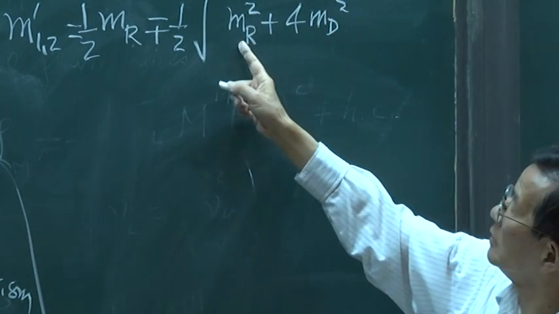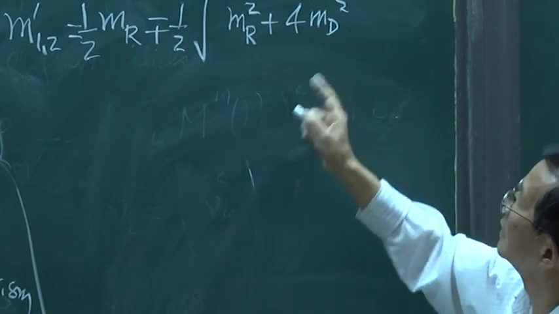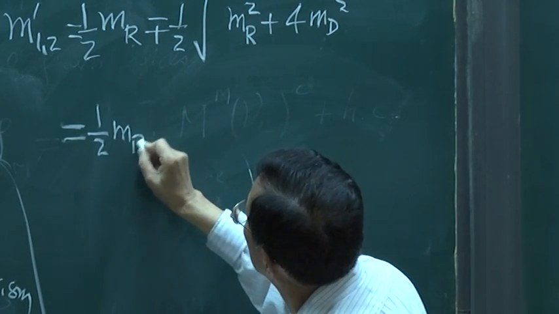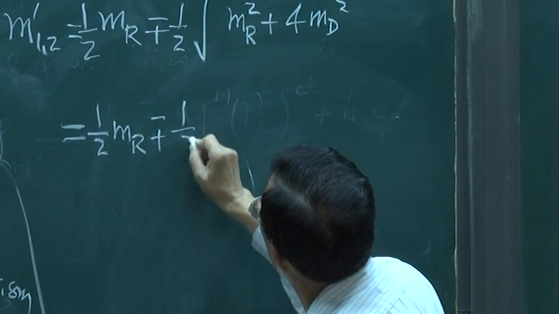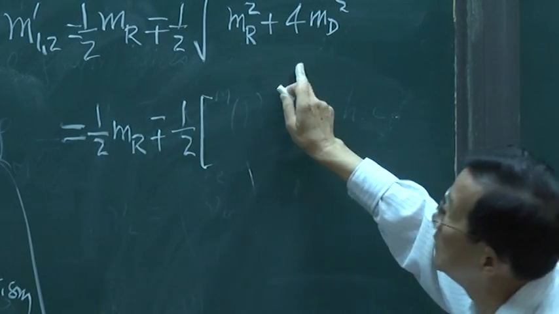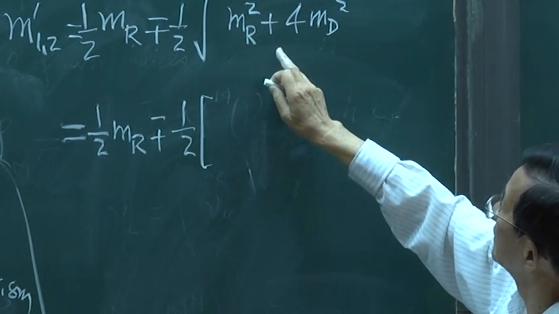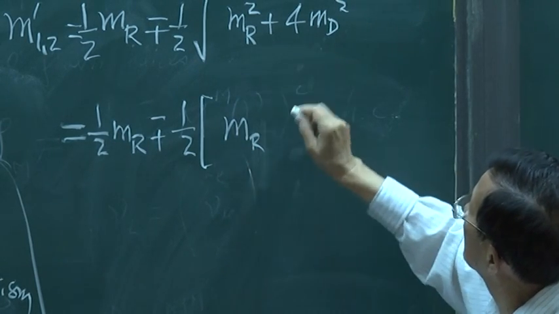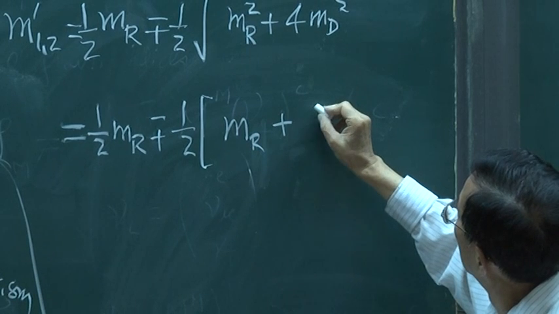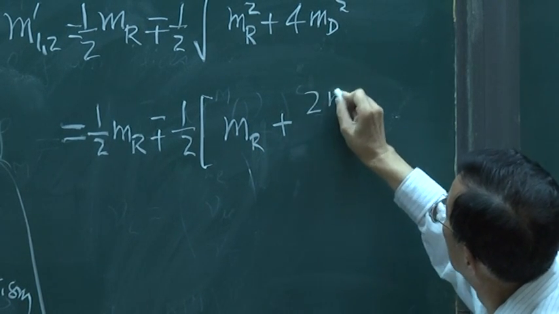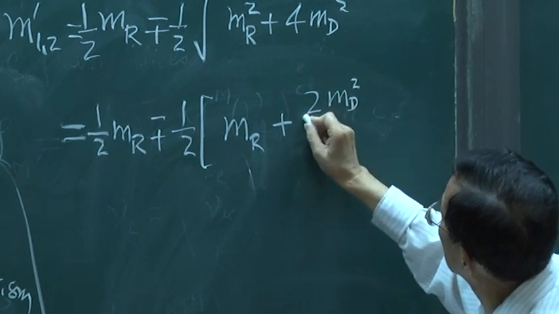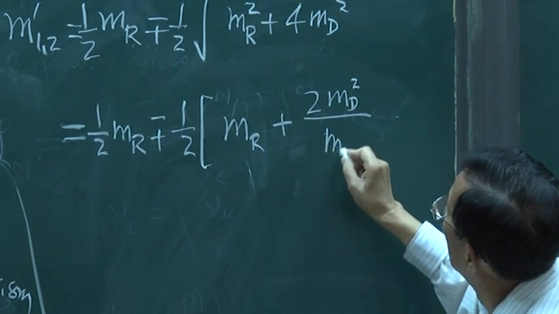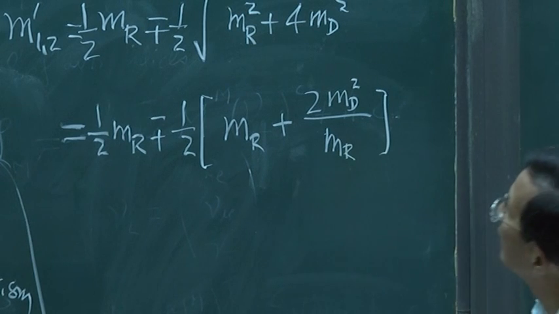And we assume that this mass is much bigger than this. So 1 half MR minus plus 1 half. We can do the Taylor series expansion of this. The first term is MR. The second term is 2 MD squared divided by MR, right?